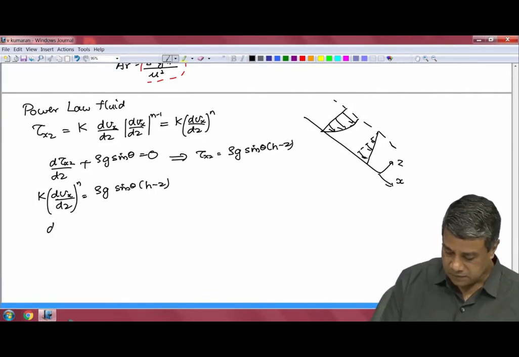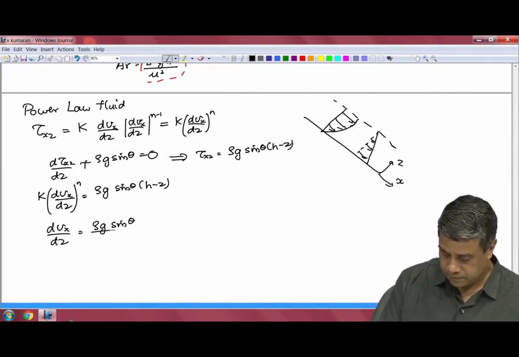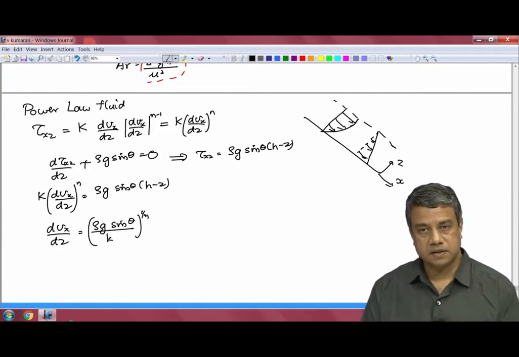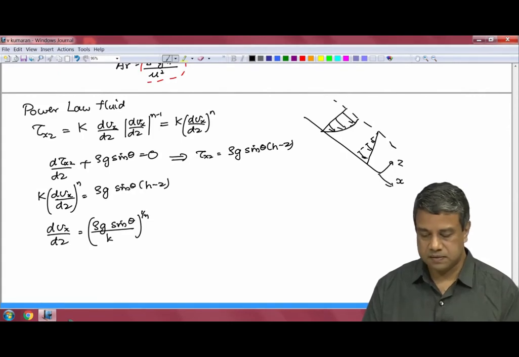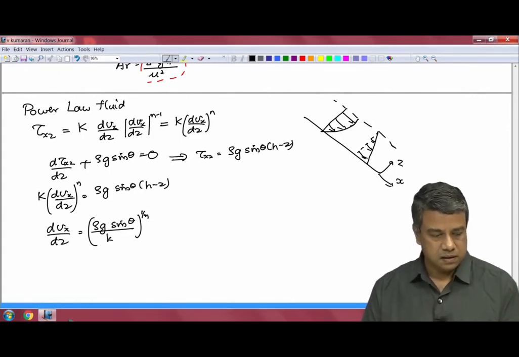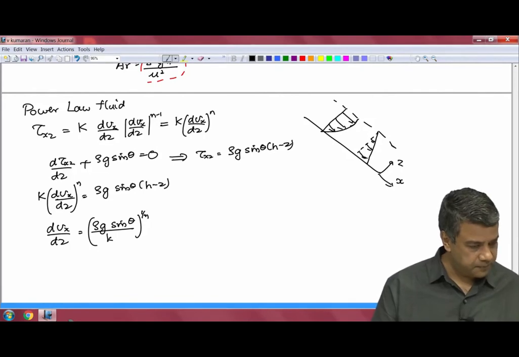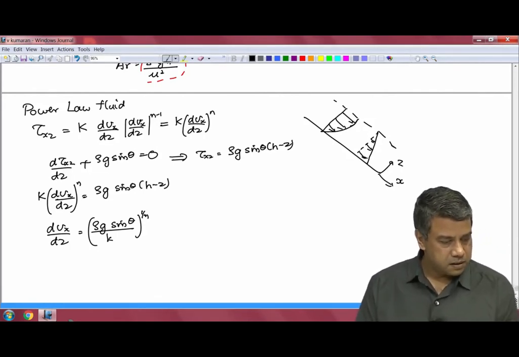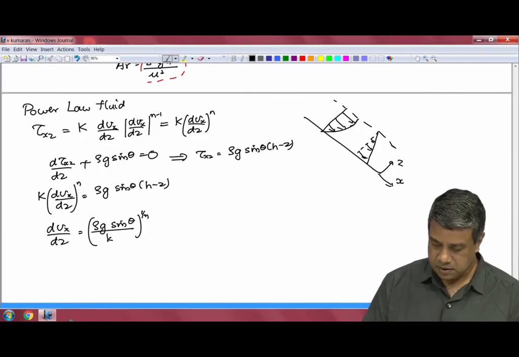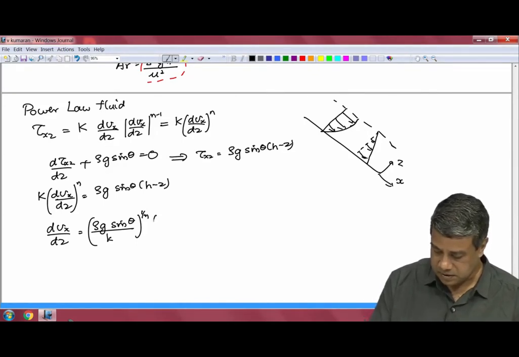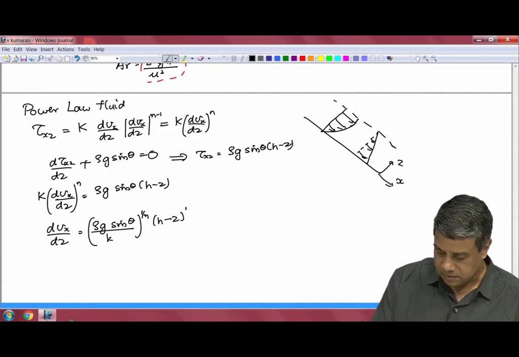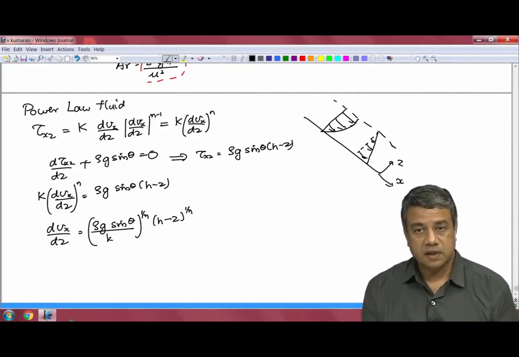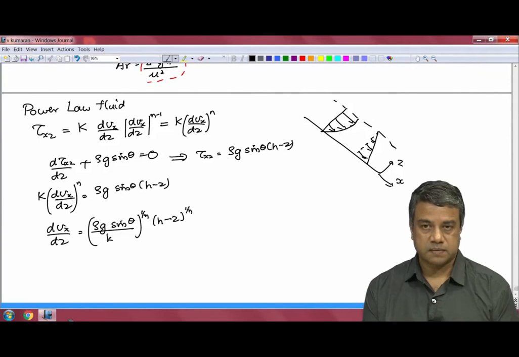Therefore dvx by dz is rho g sin theta by k, whole power 1 by n, into h minus z power 1 by n, where k is referred to as the flow consistency index and n, as we recall, was referred to as the power law index. So, I have to integrate this expression to find out the velocity profile.